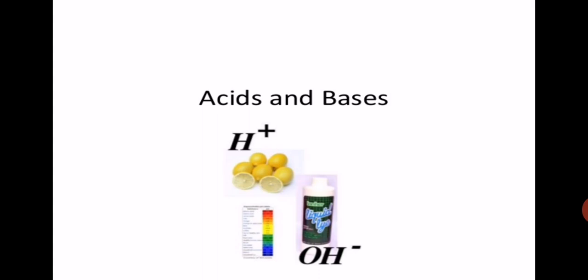Here, according to Arrhenius theory, we know that an acid is a substance that gives H plus ions in water, and a base is a substance that gives OH minus ions when dissolved in water.